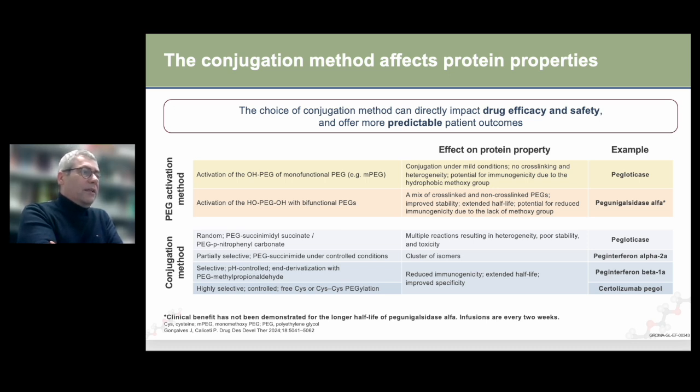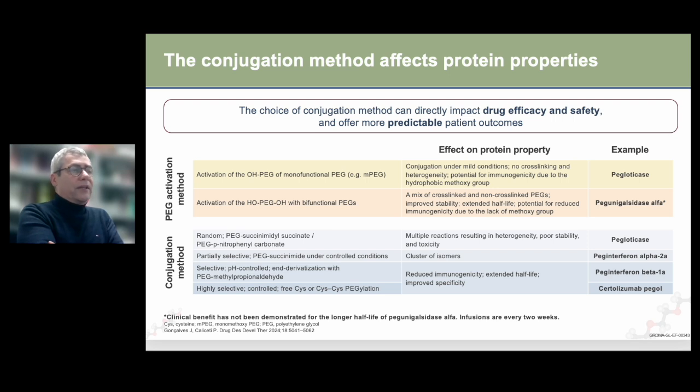Then we have the different conjugation methods, and we can obtain only one polymer per protein, such as in the case of the interferons, or we can have several polymer chains attached to the proteins, like in PEG asparaginase or PEG uricase or PEG adenosine deaminase.